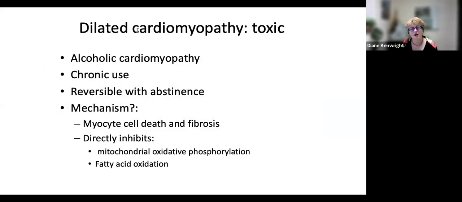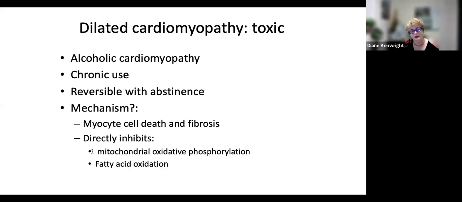So let's think of dilated cardiomyopathy due to alcohol. Alcohol or other toxins. Other toxins that frequently affect the heart can be chemotherapeutic agents as well, and I guess iron would be part of those toxic ones too.